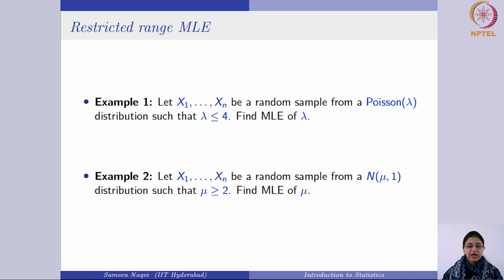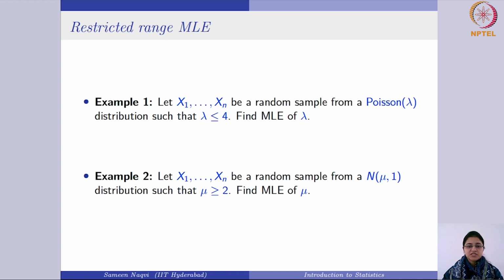Or if you have a random sample coming from a normal distribution with mean mu and variance 1, so variance is fixed, mu is what you are interested in, and we know that mu can vary from -infinity to infinity. Rather, if you restrict it, that mu has to be at least 2, then your parameter space, initially from -infinity to infinity, is now reduced to 2 to infinity.